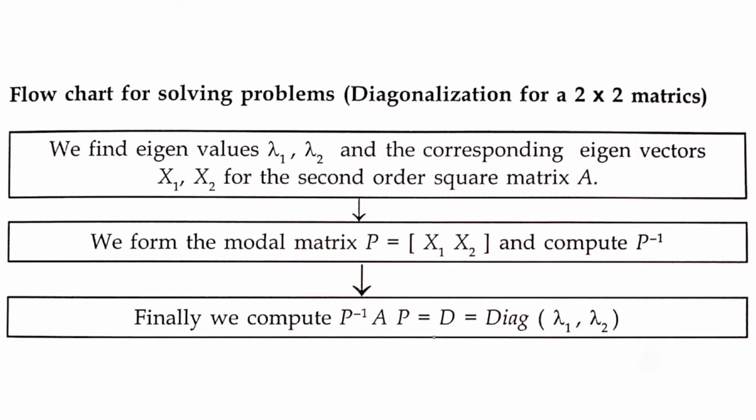Finally we compute P inverse AP, which is your required diagonal matrix of the form diagonal lambda 1, lambda 2. The diagonal entries will be lambda 1 and lambda 2.